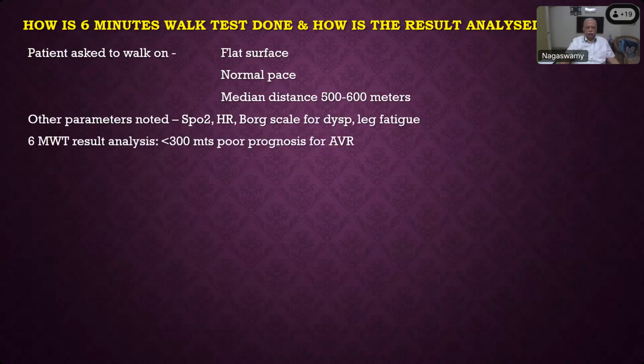The results are analyzed like this. If the patient is not able to walk even 300 meters, he has a poor prognosis for aortic valve replacement. If he is able to walk 350, you have to consider LVRS for COPD.